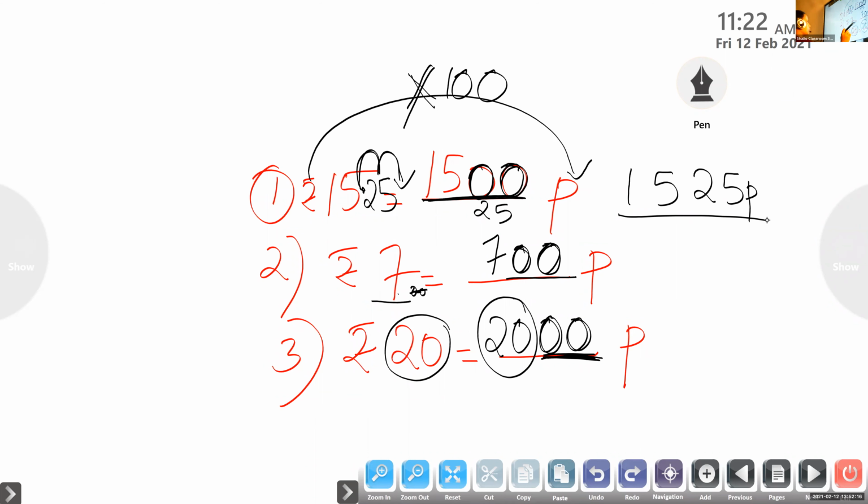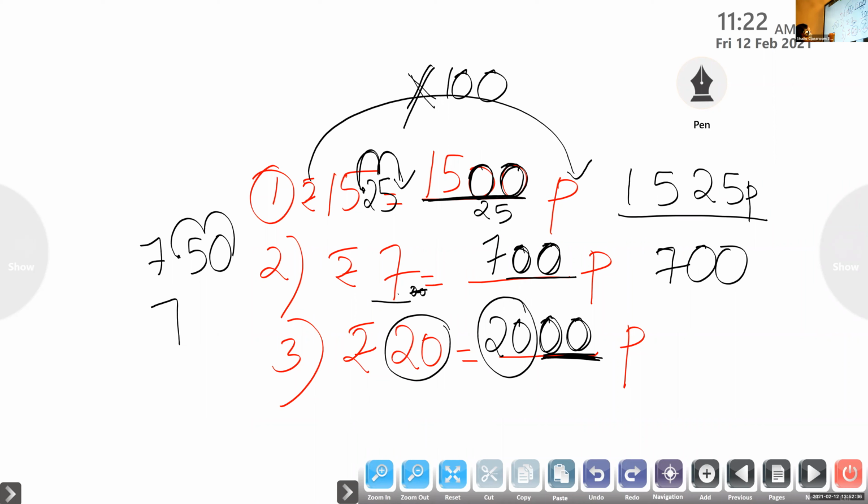1,525. Okay, so children, if there is no paise number, what will we do? We will add only 2 zeros. If we have here 7 rupees and 50 paise, in that case, what do we have to do? Move the decimal point 1, 2.